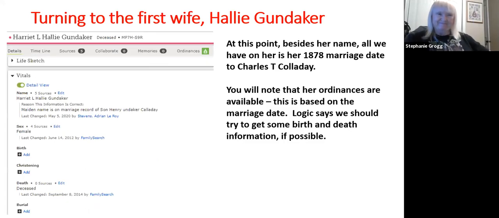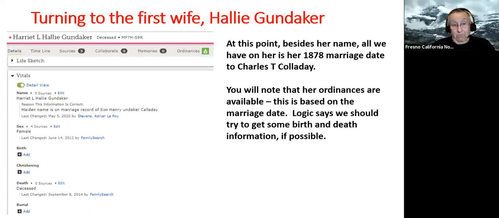Okay. So for Hallie or Harriet, all I've got is her name and that she's dead. That's all we knew at this point. Notice that her ordinances are green. You might at first glance wonder, because in the old days, it used to be we had to have a birth or death date in place to do temple work.